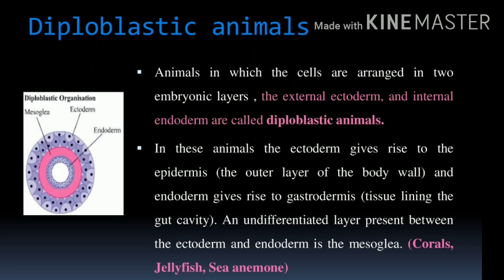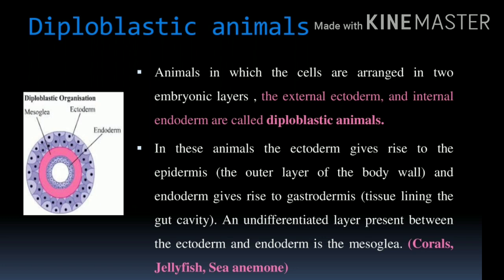In diploblastic animals, the cells are arranged into two embryonic layers. What are the two embryonic layers? That is the external ectoderm and the internal endoderm. See the diagram. These two embryonic layers are called diploblastic animals.